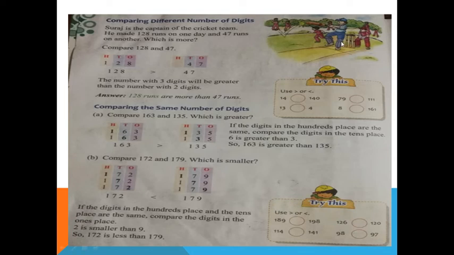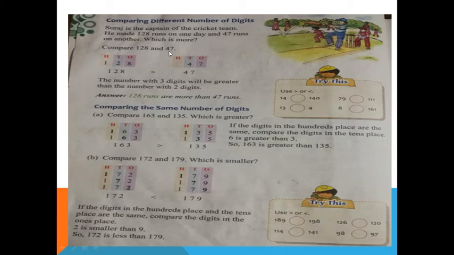He had 128 runs on one day and 47 runs on another day. Which is more? Check here, comparing 128 and 47. Very good. 128 is greater than and 47 is less than.